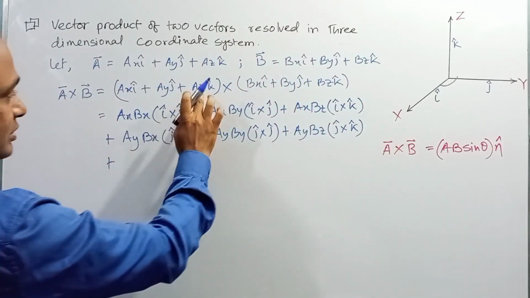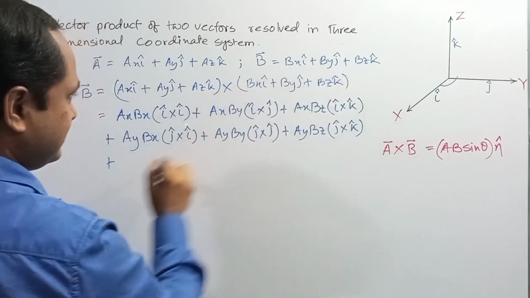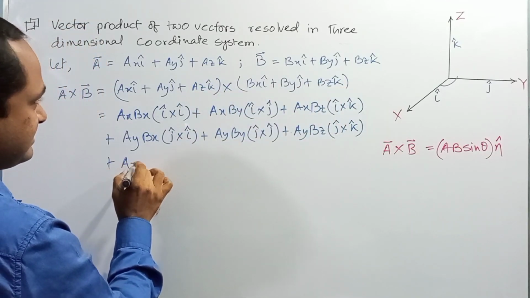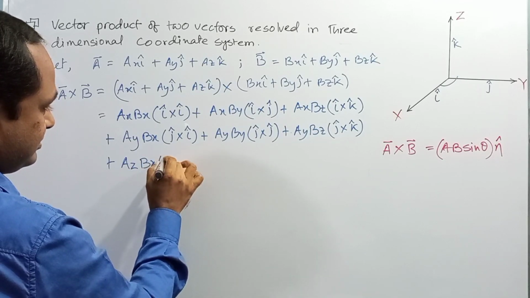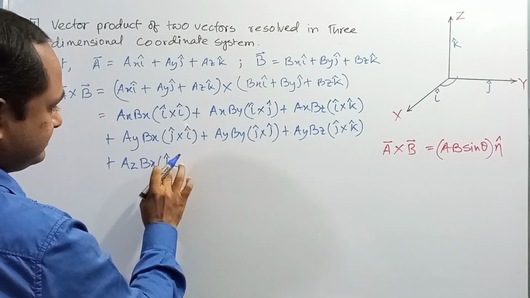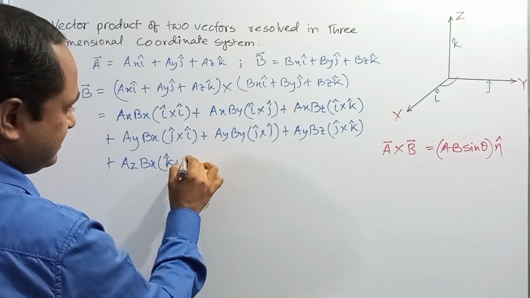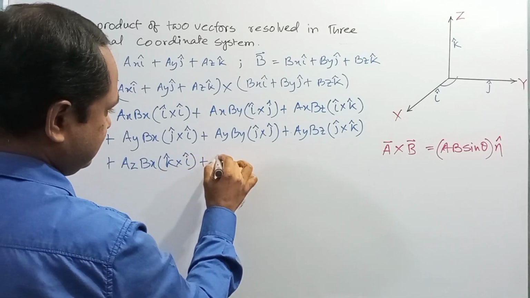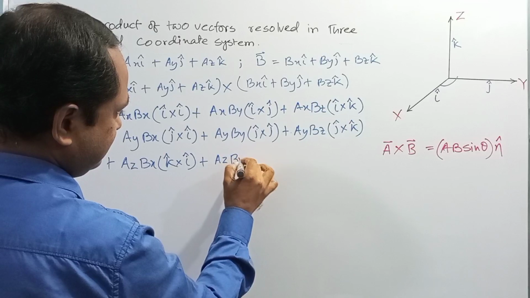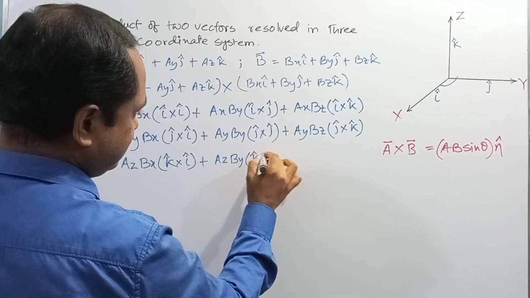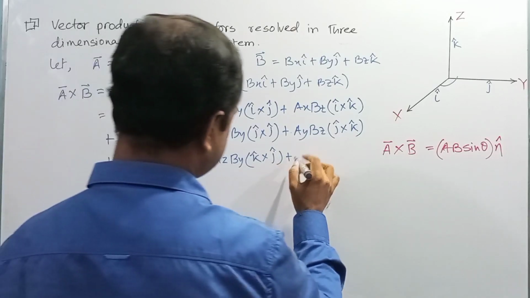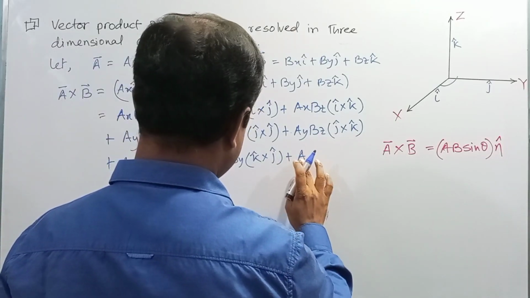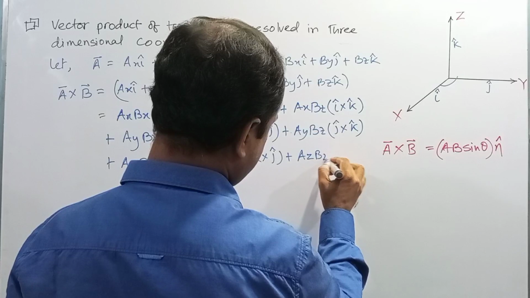And lastly we will multiply azk with these three components, so az bx, k cross i, plus az by, k cross j, plus az bz, k cross k, right?